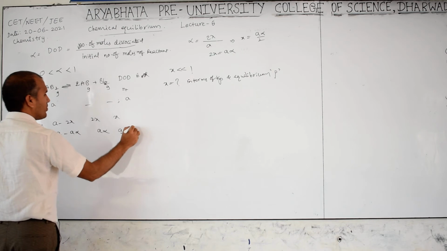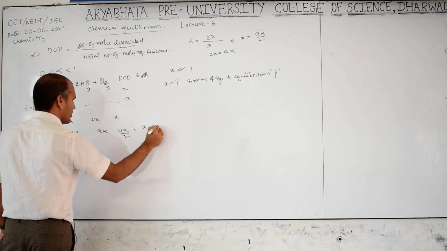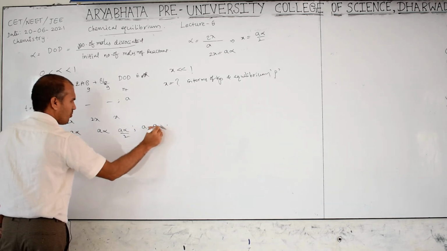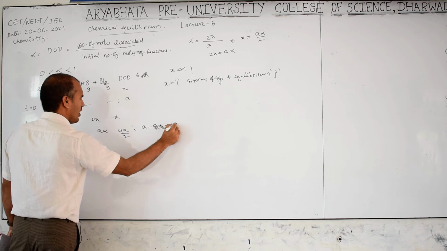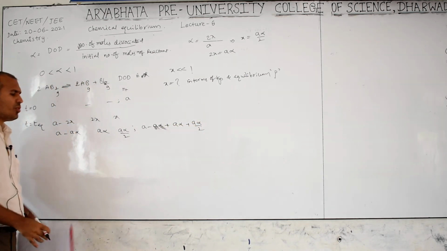So now the total number of moles: A minus A alpha plus A alpha plus A alpha by 2. So you do that directly.